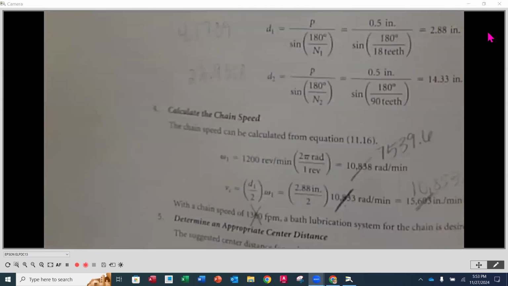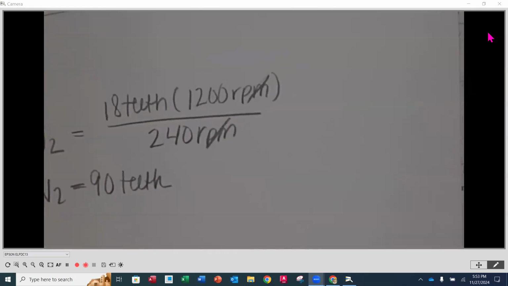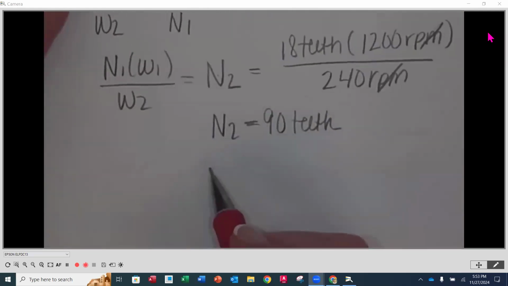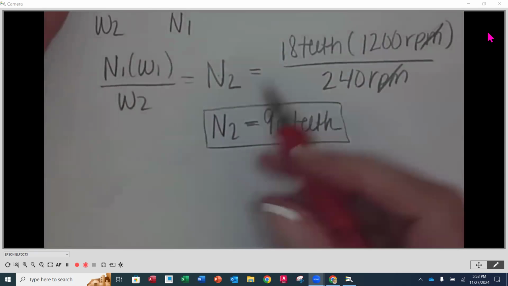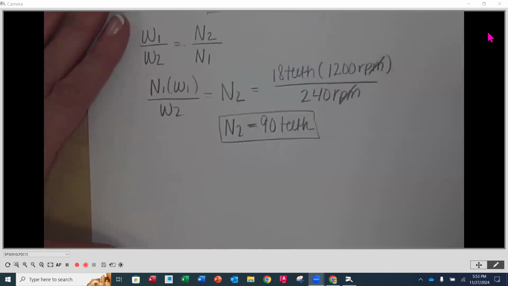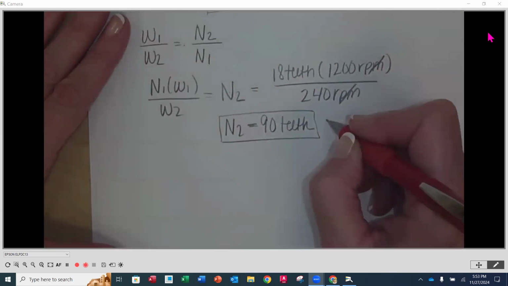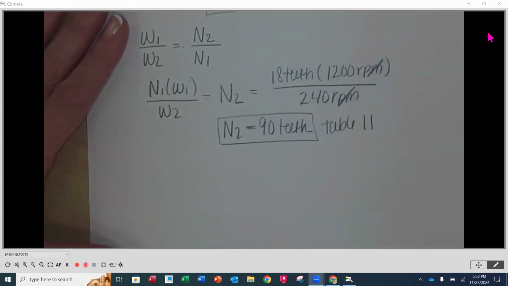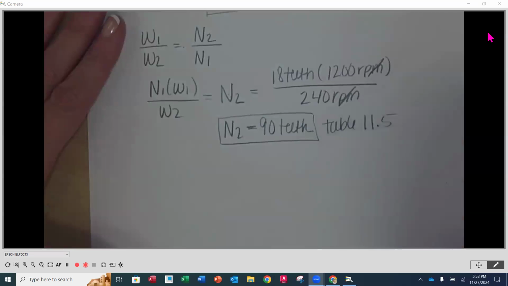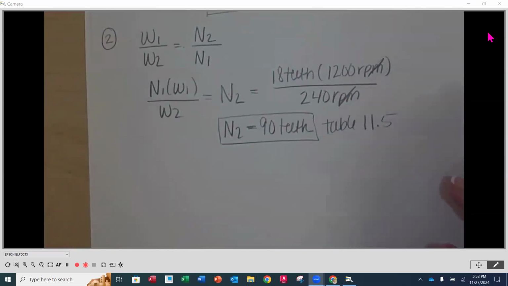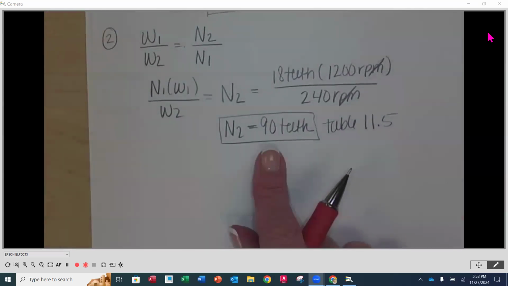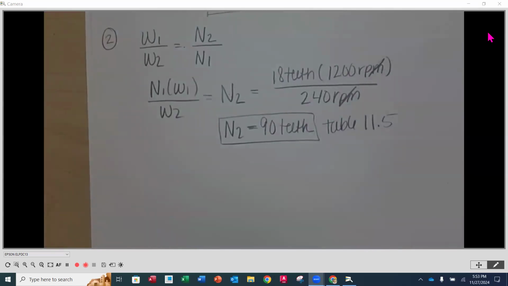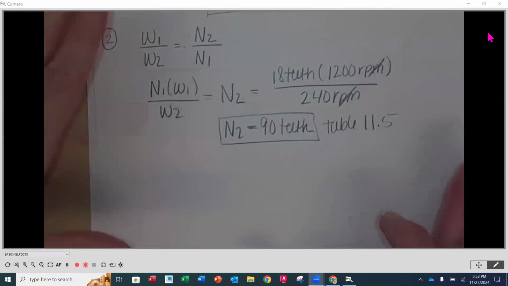That means we can confirm that the number of teeth on our driven sprocket, we can put a box around this, is going to be 90. Again, it's listed, I'll put on there, this is from table 11.5. If number 90 wasn't there, then you'd have to do an iteration. But it was.